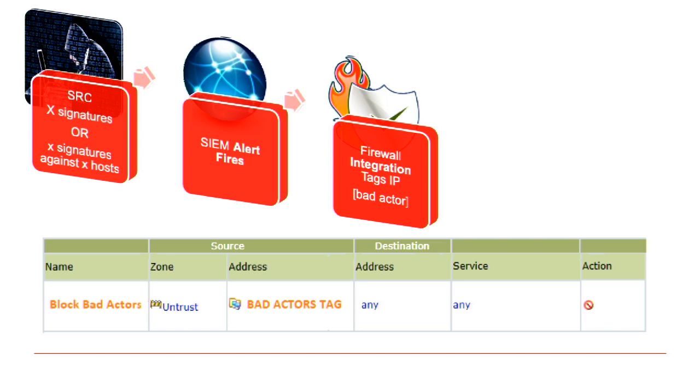Then your firewall rule at the bottom, like I was saying, is looking at tags or a group that has tags in it, and it's just going to block those events.